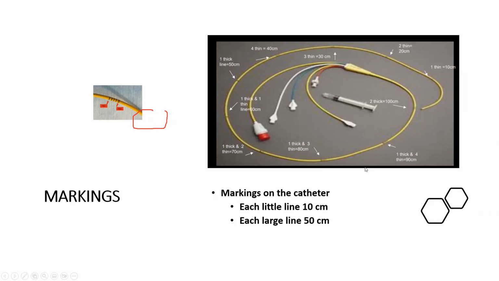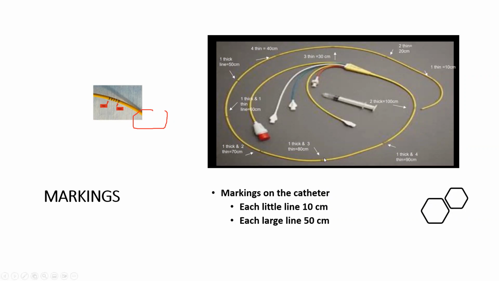So what does that mean? If you see the marking located at the entrance of the introducer to be 45 centimeters, it means that 45 centimeters of the catheter is inside the patient. So let me repeat that.